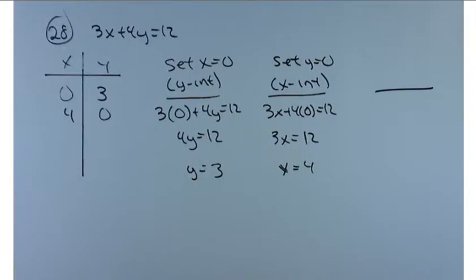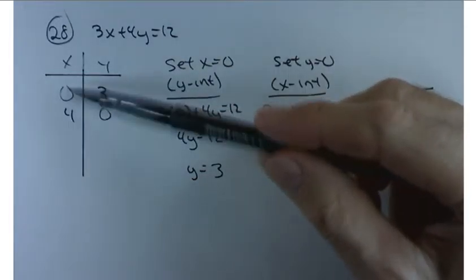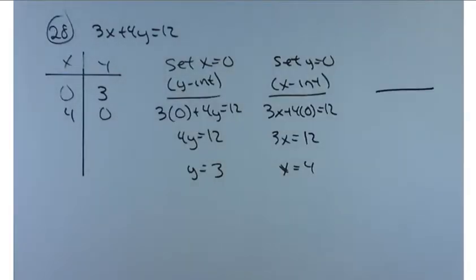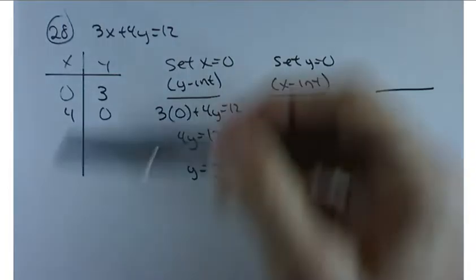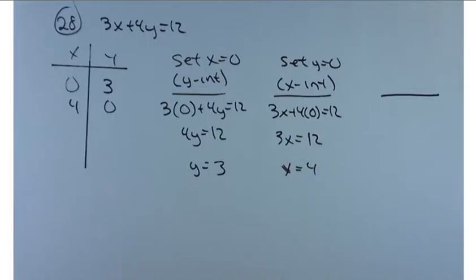Now it's up to you what you want to choose next. If you're doing this at home, I'd stick with a value of x between 0 and 4 or a value of y between 3 and 0. You're free to choose anything you want, but then you might have to make your graph really big to fit it. You could choose x equal 12, but then you're going to have to make a much bigger graph.